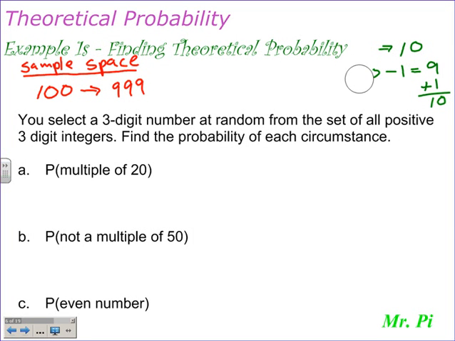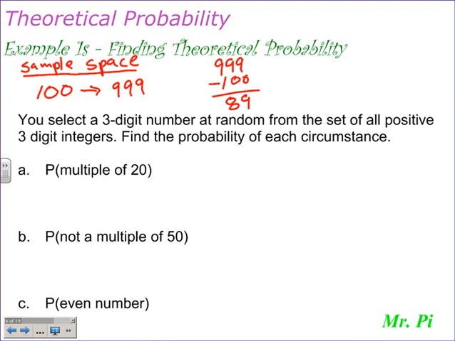Now, relating that to this example here, if we take 999 and we subtract away 100, that gives us 899 numbers. Well, that's not exactly accurate. We need to take that and add 1 to it, which gives us 900.